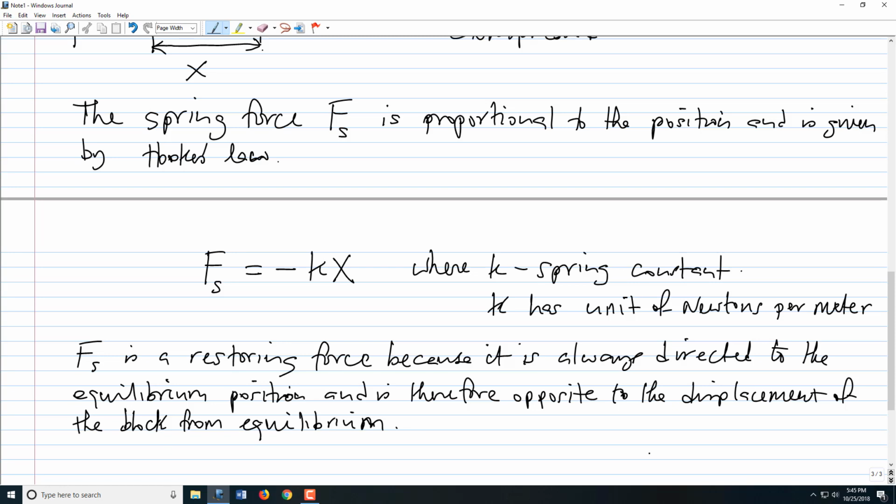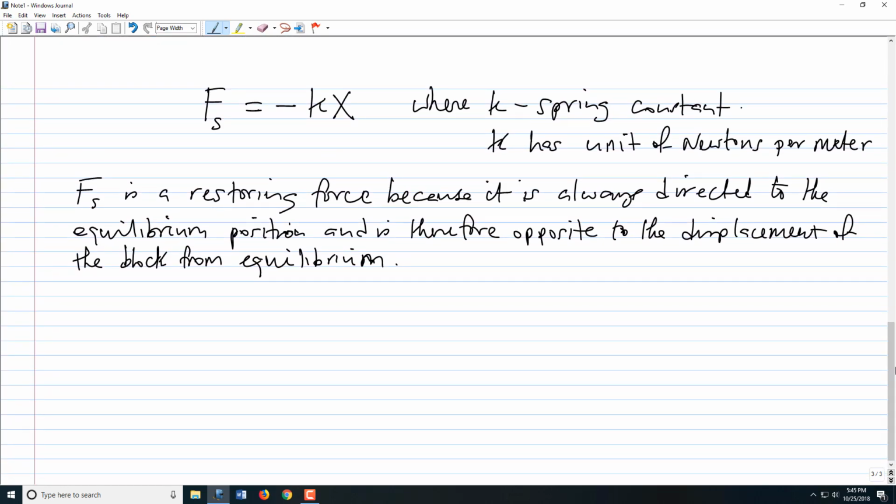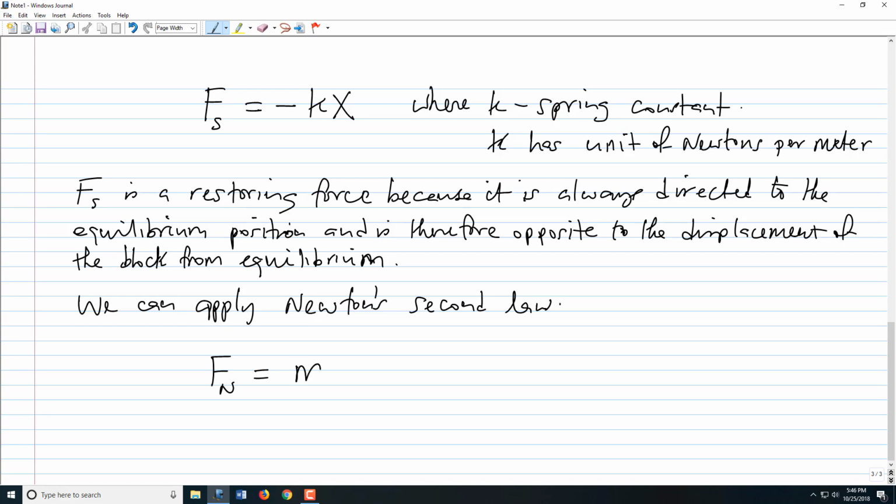Let's apply Newton's second law to the displaced block attached to the spring. So we can say that the net force is equal to the mass of the block times its acceleration in the x direction, since we are working along the x-axis.